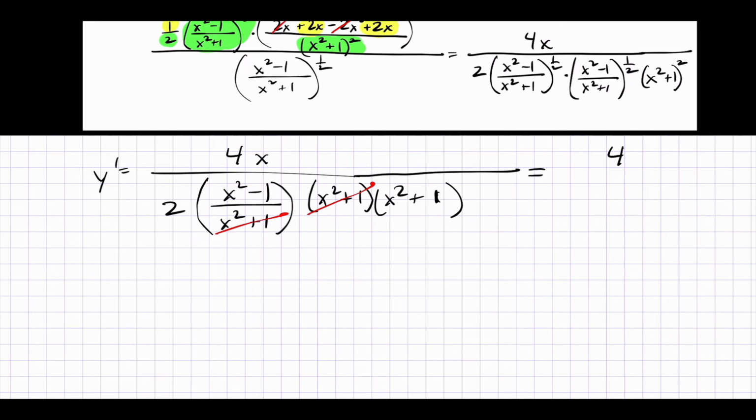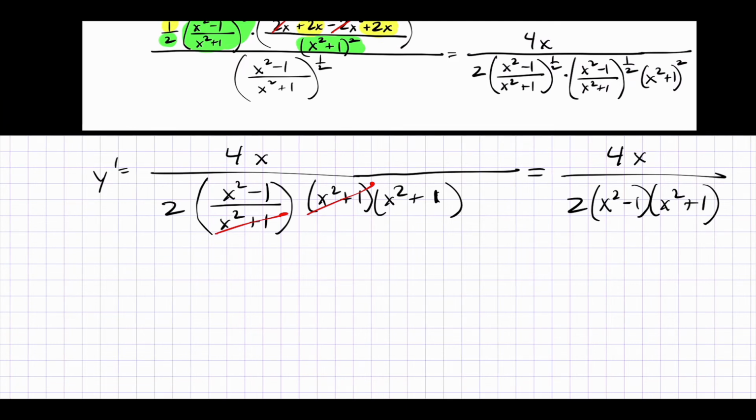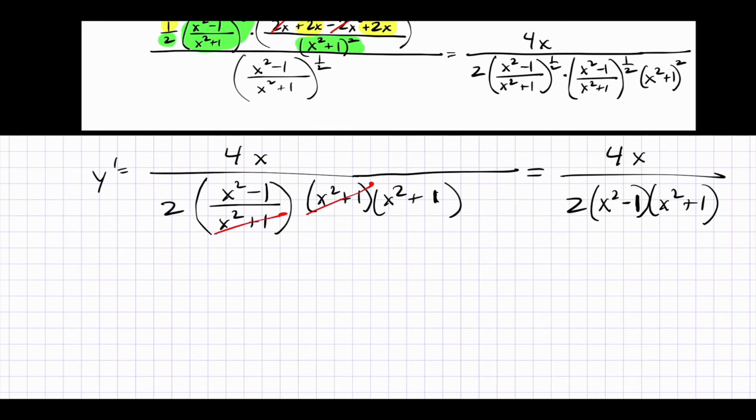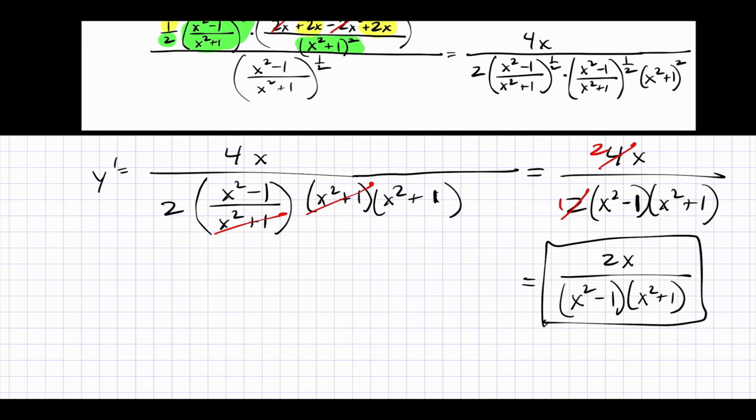When I do that, I get 4x over 2 x squared minus 1, x squared plus 1. And then this 4 I can cancel out with this 2. This changes to a 2. This changes to a 1. So I get 2x over x squared minus 1, x squared plus 1. Nothing else is going to factor out. So you're done.